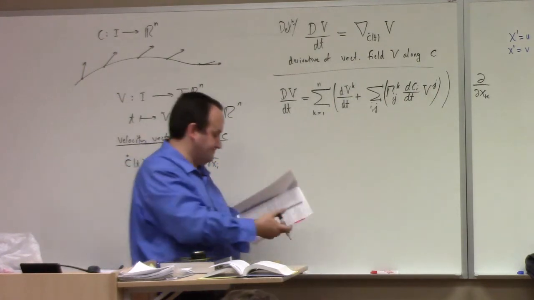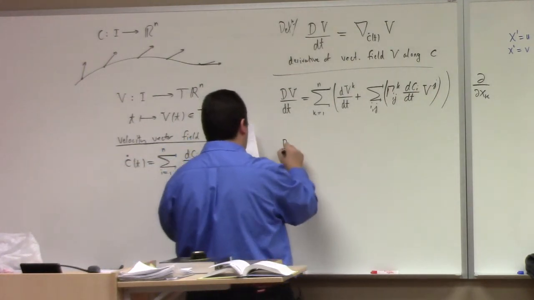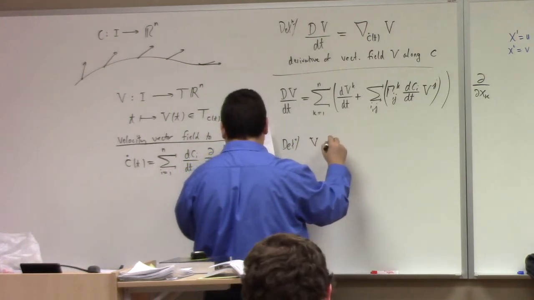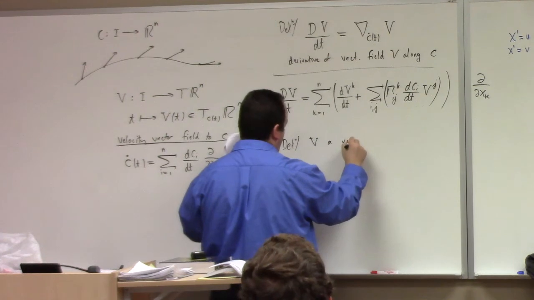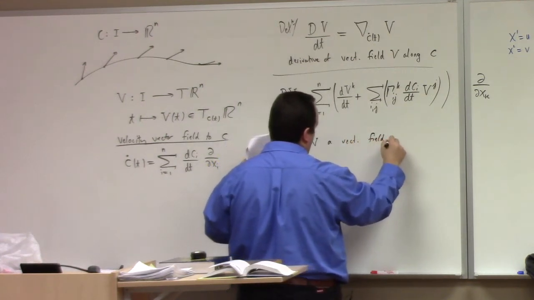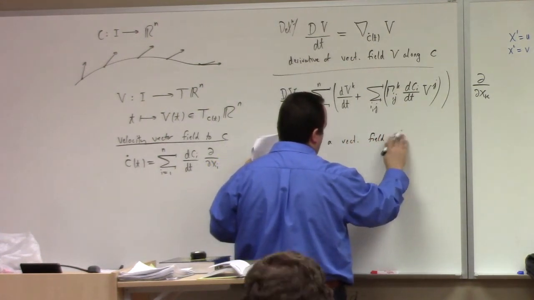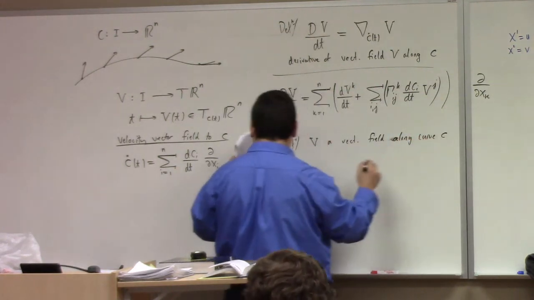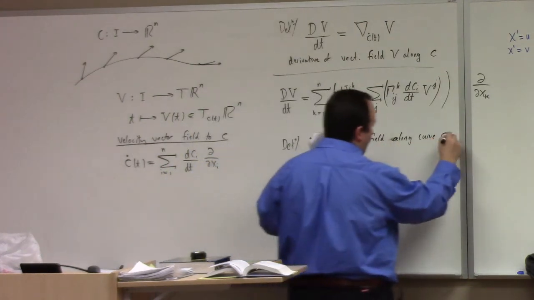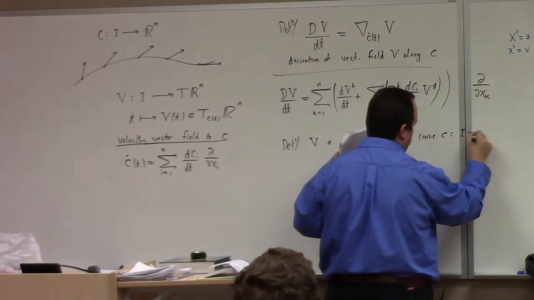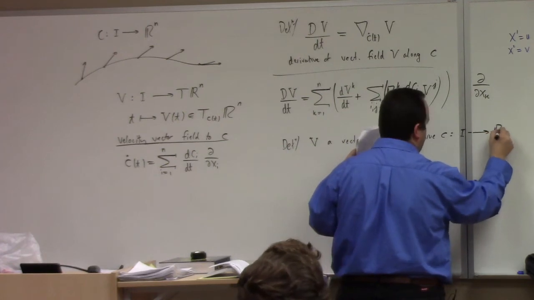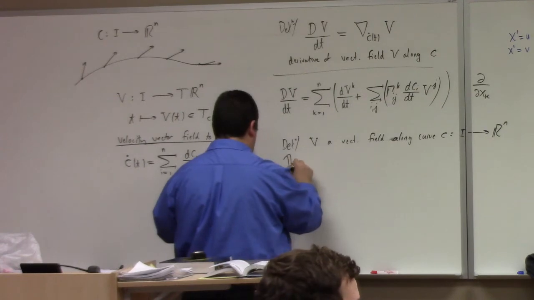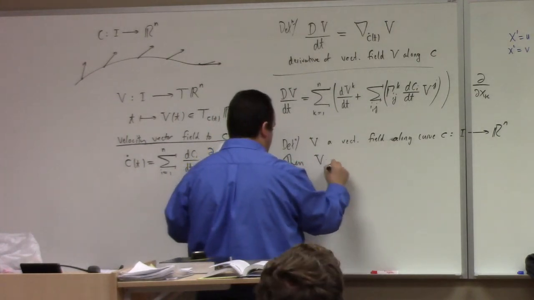Definition. If we have V, a vector field along a curve C, again a parameterized curve, and we're still in domains, whatever, then V is parallel.